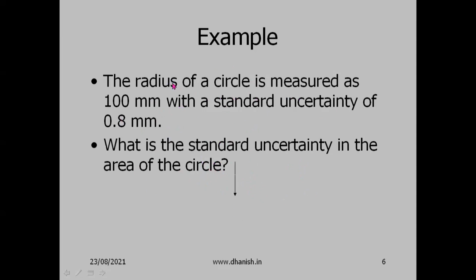What is the mathematical model? The first step is the mathematical model, and to develop it, we need to know the sources of uncertainty. We are interested in the uncertainty in the area. Here there is only one source, which is the radius of the circle. What is the relation between area and radius? A equal to pi r square.